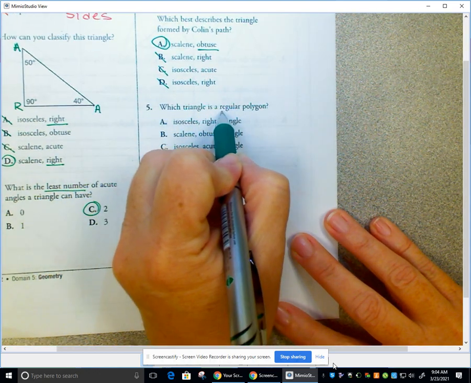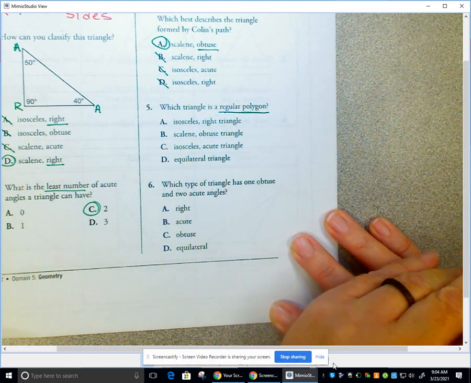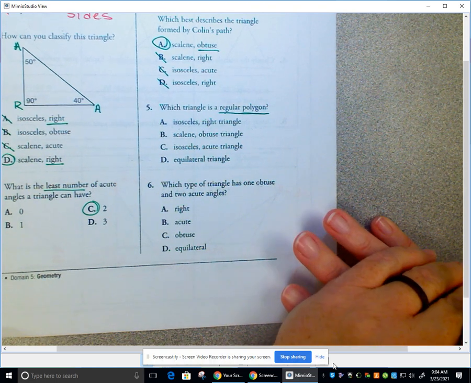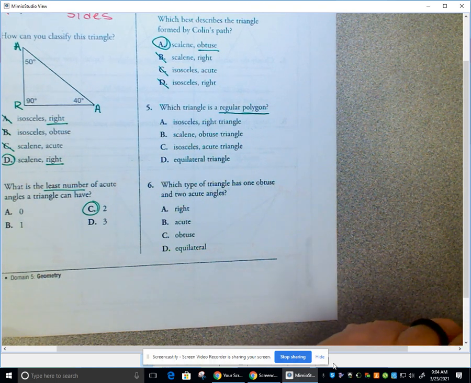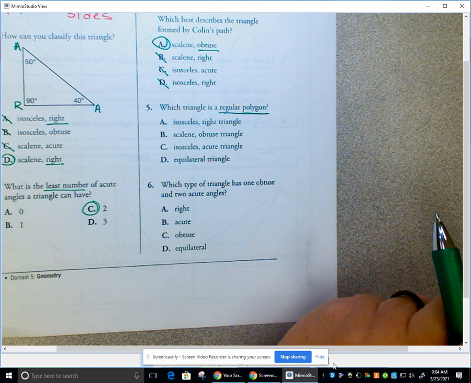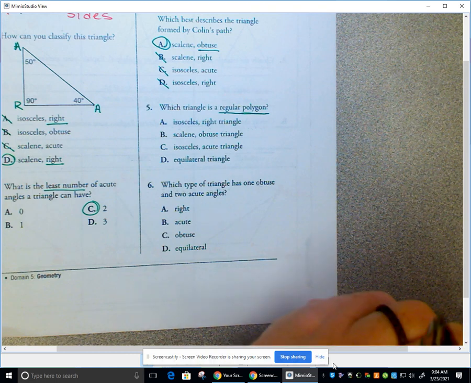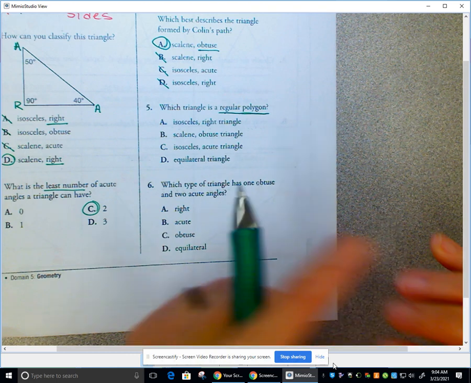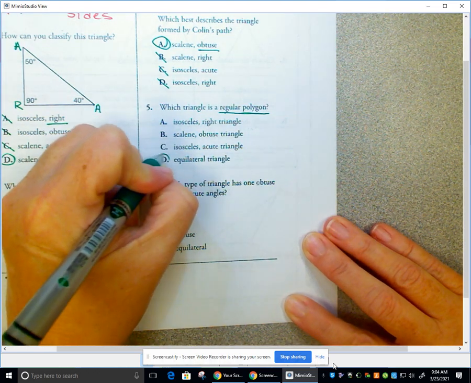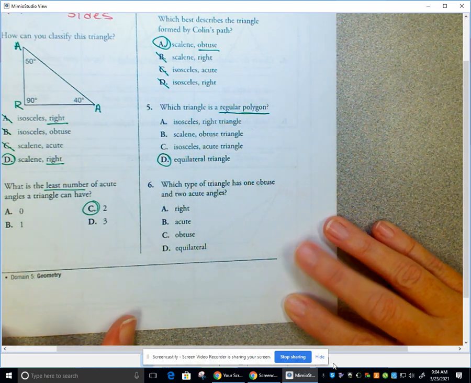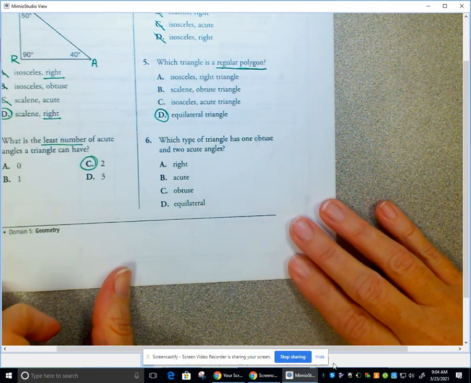Which triangle is a regular polygon? Remember, a regular polygon is going to have equal sides and equal angles. And the only one of these that would have equal sides and every angle equal the same would be the old equilateral triangle. Number 6.